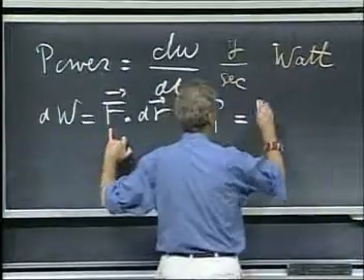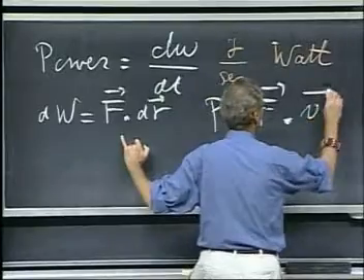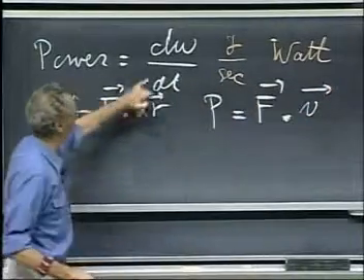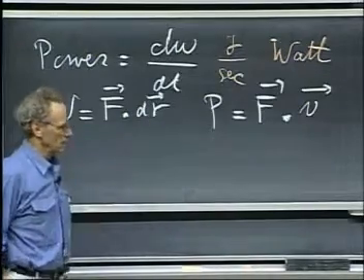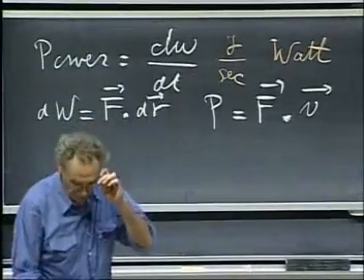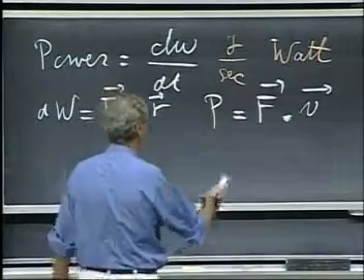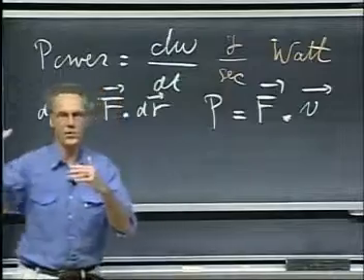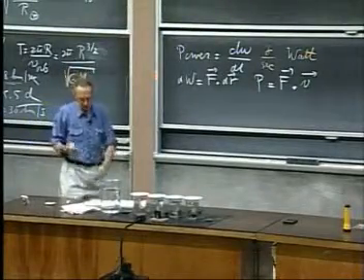And that is, if I keep the force constant for that short amount of time, the dot product times the velocity, because dr/dt is simply the velocity of that object. So power is also force dotted with the velocity. If the force were perpendicular at all times to the velocity vector, then the power is 0.